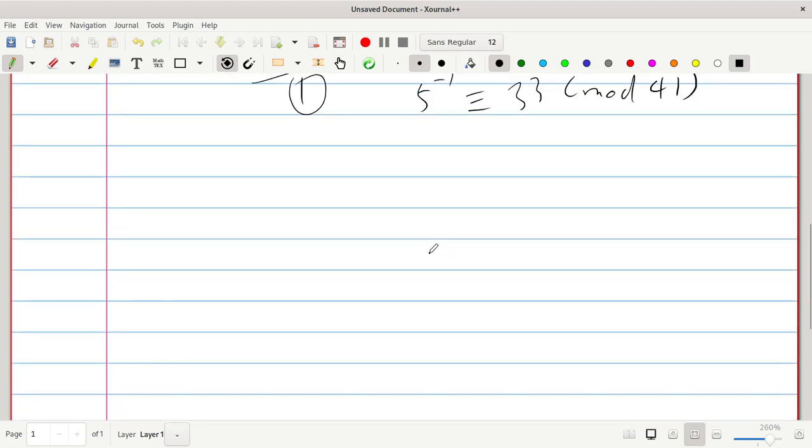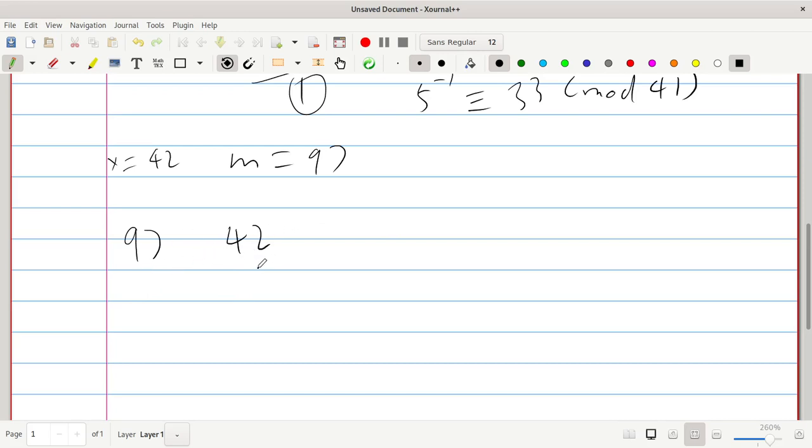So let's do another example. Let's say the modulus is 97, and we wanted to find the inverse of 42. So again, we write 97, 42, and we do the division here.